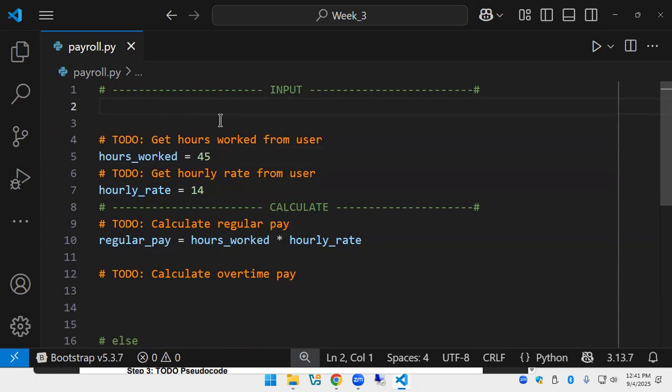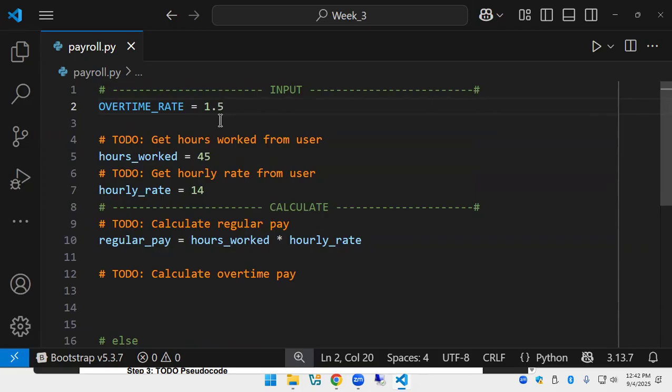We'll just say overtime rate is equal to 1.5. So for any overtime hours, if I'm making $14 an hour for my regular 40 and I do 5 over, those 5 hours get the regular pay plus 1.5 times that. So I get 50% more for only those extra 5 hours.